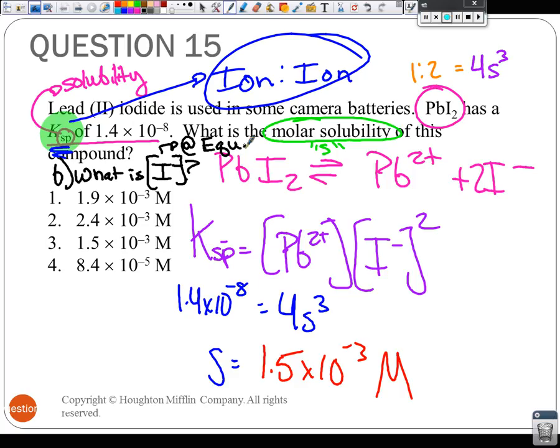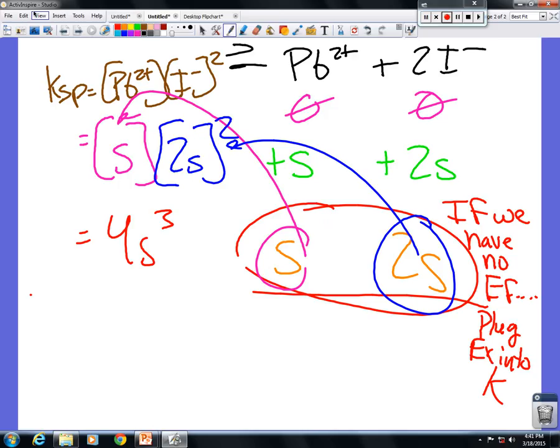What if it asks about a specific ion's concentration at equilibrium? So if we go back to our RICE table, to know what part? Do you agree I'm wanting to know that thing right there? How do I find EF? Do I have S? What do you do with it? Plug it in and multiply by 2.